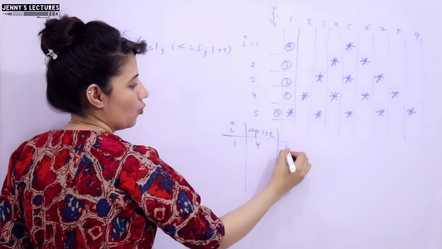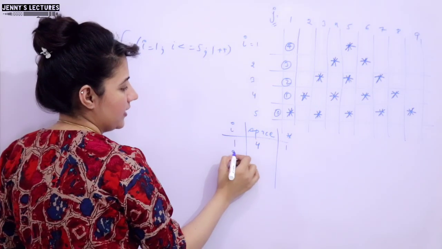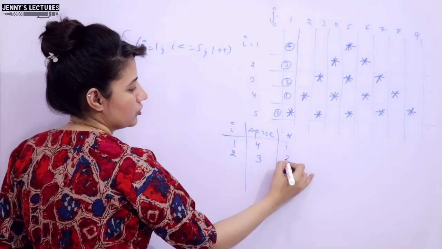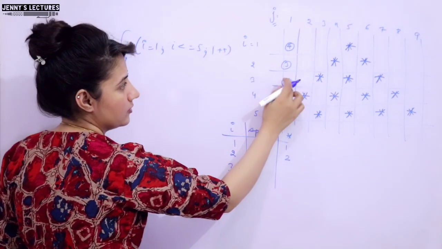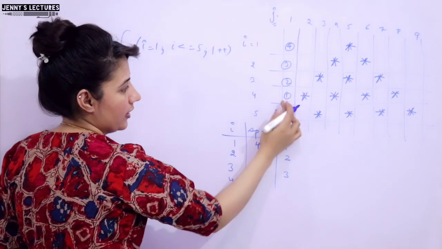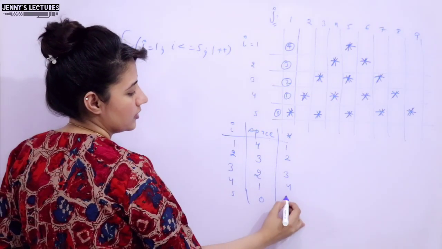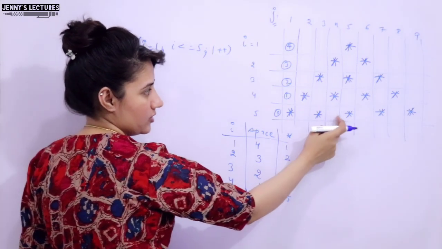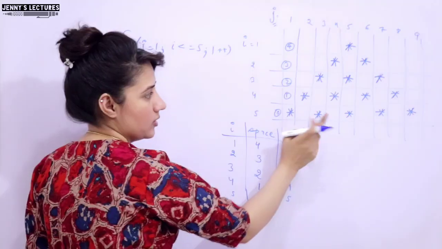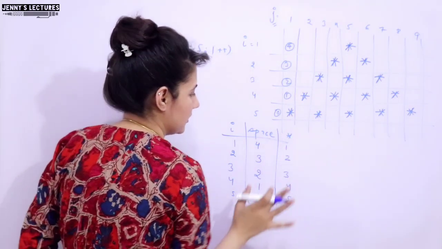Then we have 1 star. In the second line 3 spaces and 2 stars. In the third line 2 spaces and 3 stars. In the fourth line 1 space and 4 stars. In the fifth line 0 spaces and 5 stars. Although the stars have spaces between them. It's not like consecutive stars; 1 star then space, then star, then space, like this we have to print.